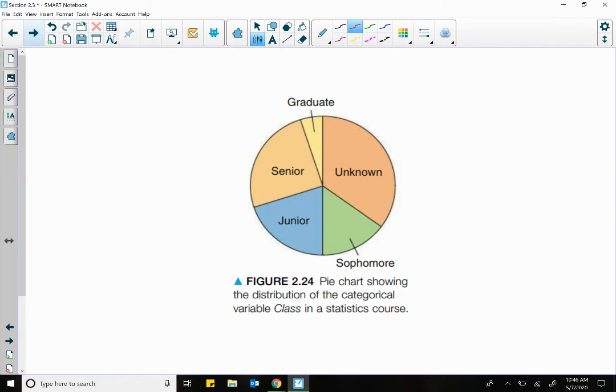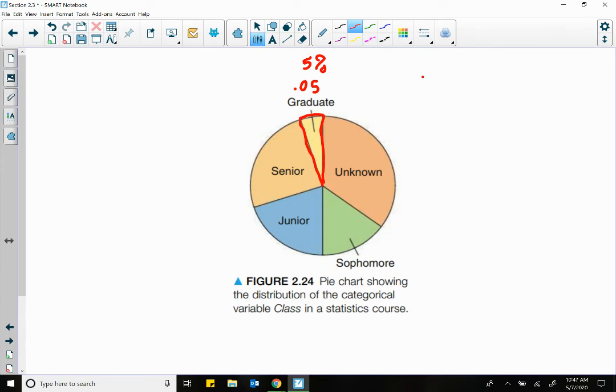Here again is an example from that statistics class data. Remember that the graduates were 0.05, in other words 5%. So this little wedge right here is 5% of the actual circle. Sometimes in pie charts they actually put the percentages in, so you know graduate makes up 5%, and so on.